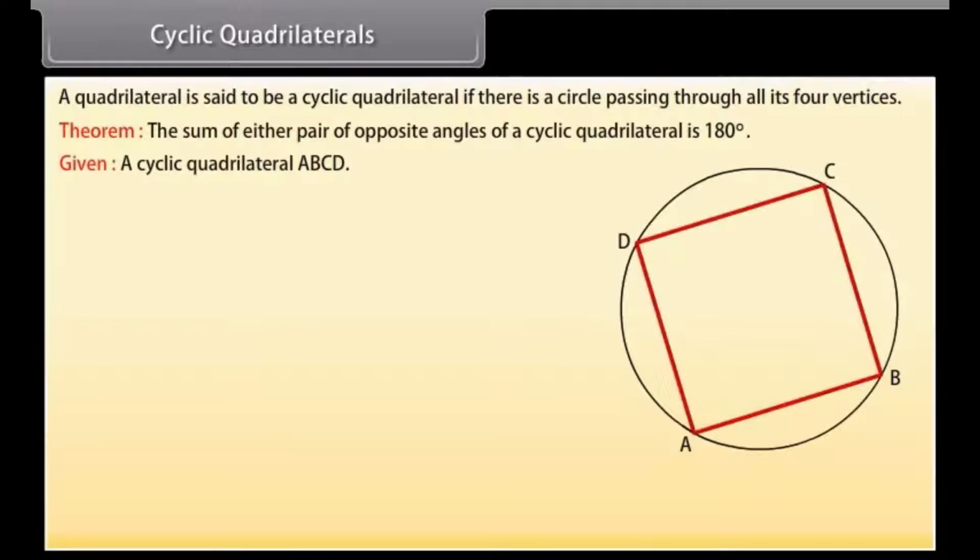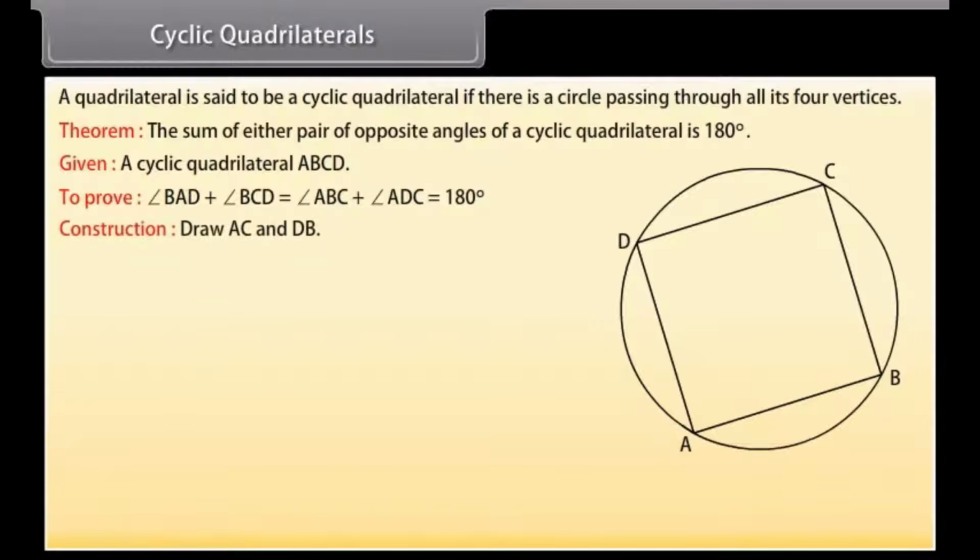Given a cyclic quadrilateral ABCD. To prove: angle BAD plus angle BCD is equal to angle ABC plus angle ADC, which equals 180 degrees. Construction: draw AC and DB.